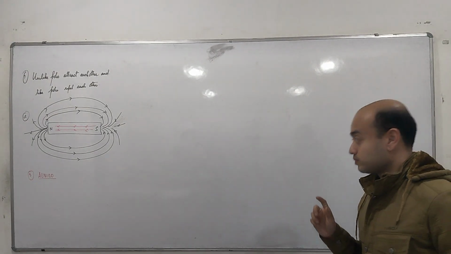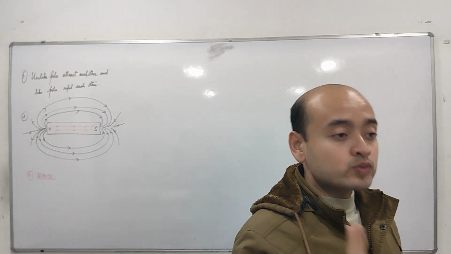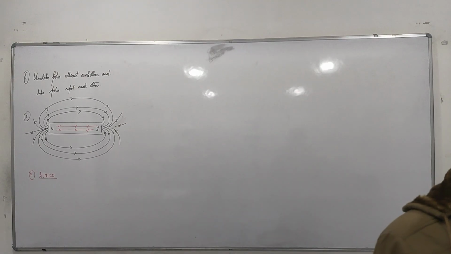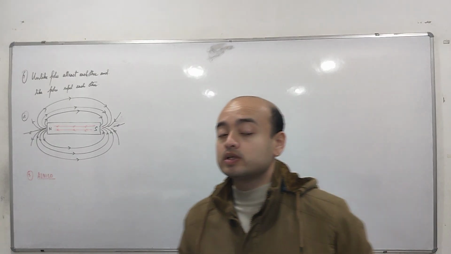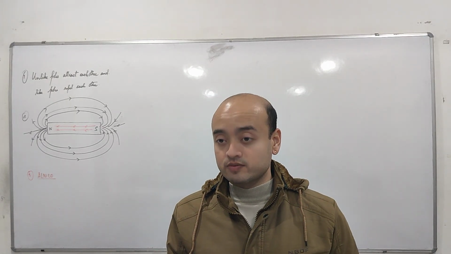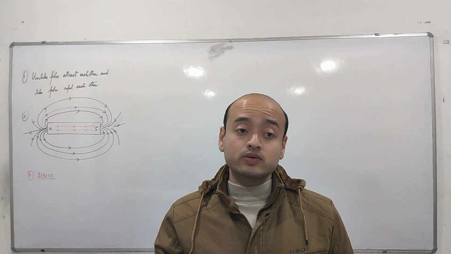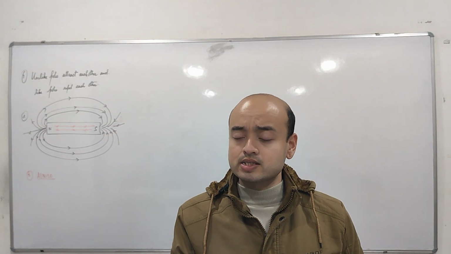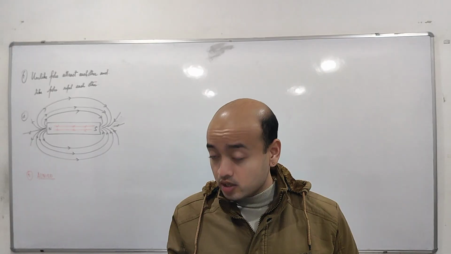Next point, very important: there are certain magnets which are known as electromagnets. Magnets are actually of two types, permanent magnets and electromagnets. A permanent magnet has permanent magnetic field lines. You cannot increase or decrease the magnetic effect of that substance, for example a bar magnet, a horseshoe magnet, a circular or ring magnet.